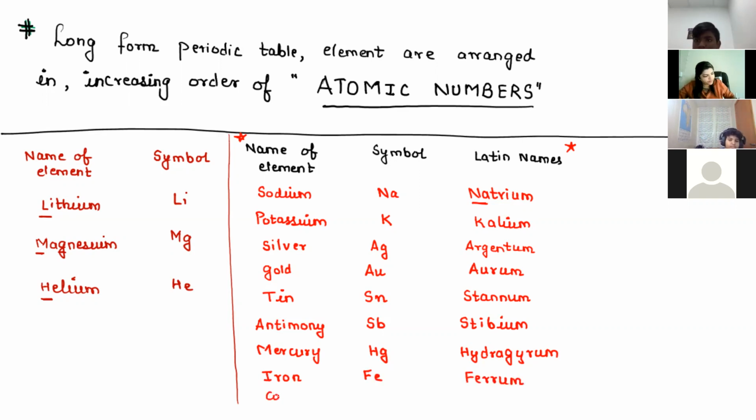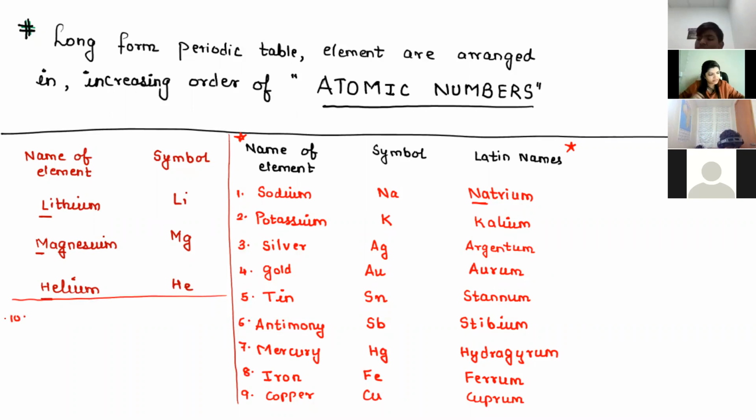Then we have copper, which is Cu, cuprum. So 1, 2, 3, 4, 5, 6, 7, 8, 9. Two more. I'm writing two more over here.